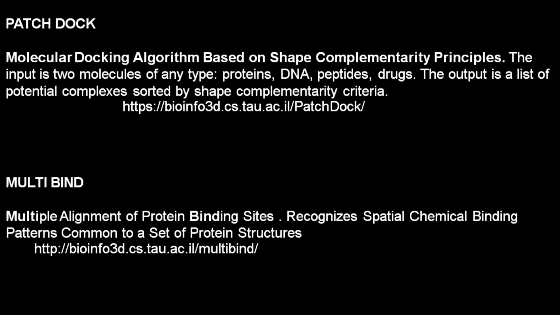Whereas PatchDock looks at a ligand and a target protein and sees what the commonality is based on their shape. As you can see, they are all web server based. So we upload our problem, the results come to your email ID, and we can start analyzing them. They are all free of charge.